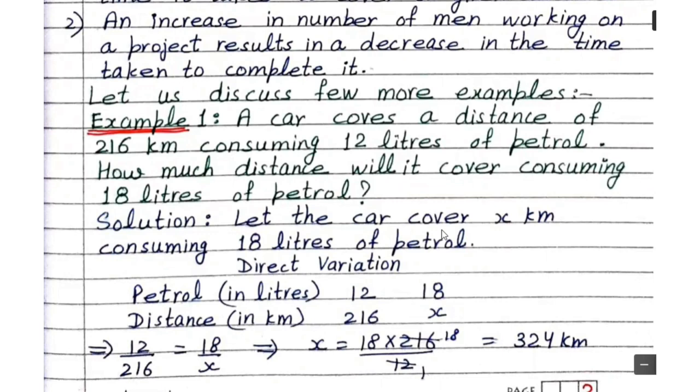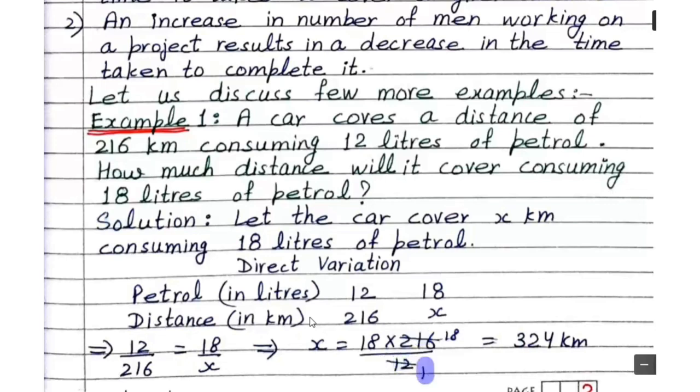Now, 12 upon 216 is equal to 18 upon X. Now let's do the cross multiplication in order to find the value of X. So X is equal to 18 multiplied by 216 upon 12.